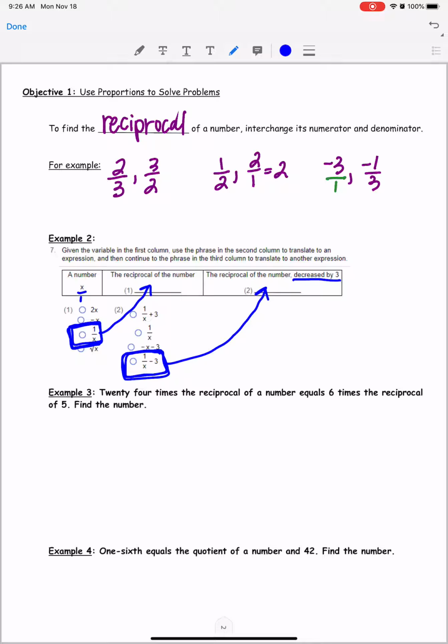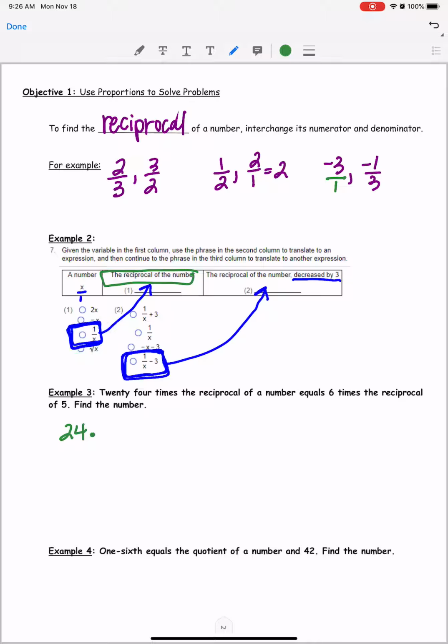Example 3 says 24 times the reciprocal of a number equals 6 times the reciprocal of 5. Find the number. So we've got 24 times the reciprocal of a number. What does the reciprocal of a number look like?